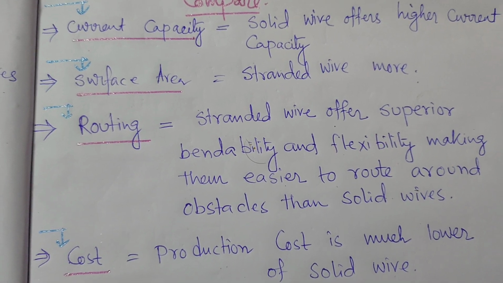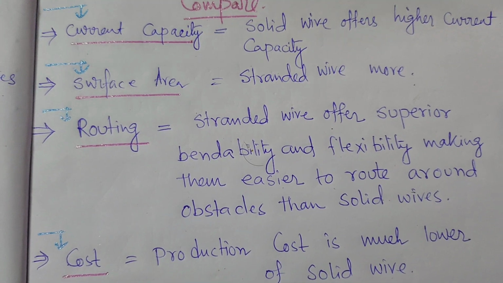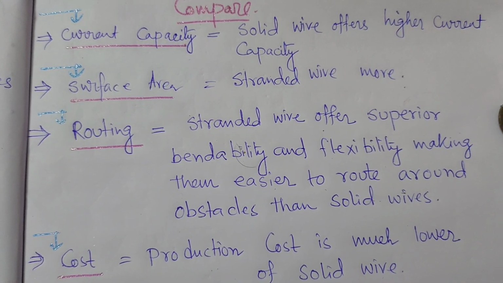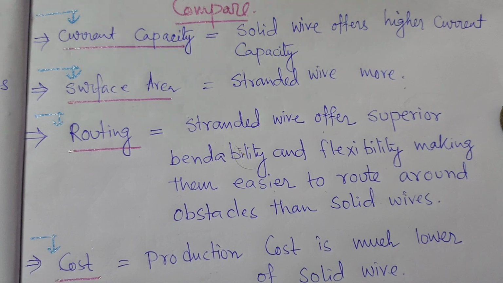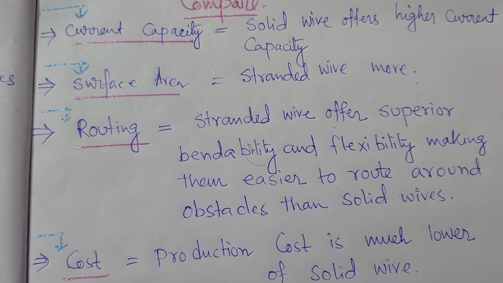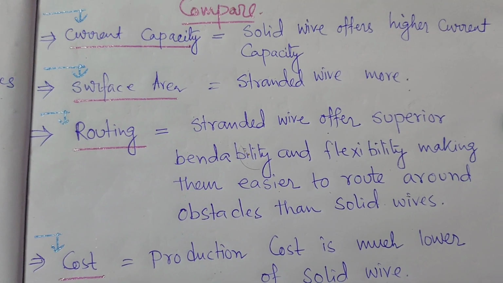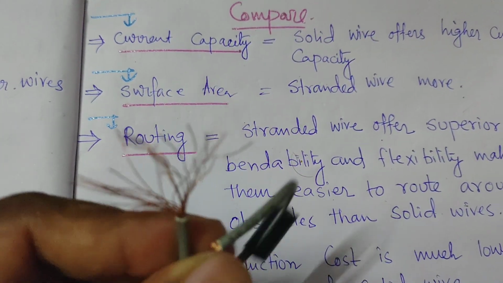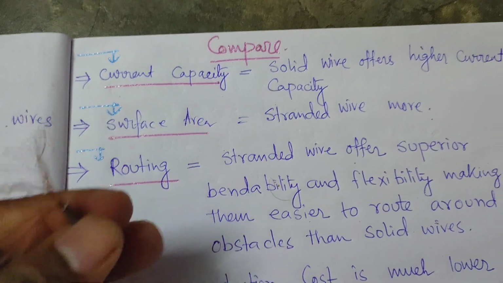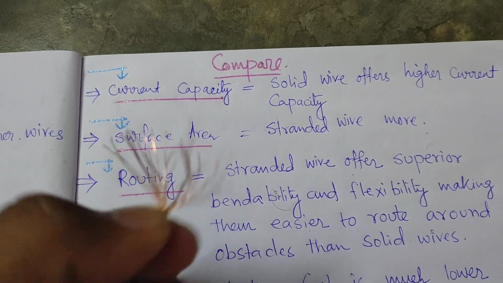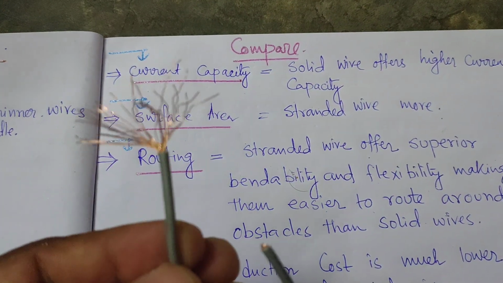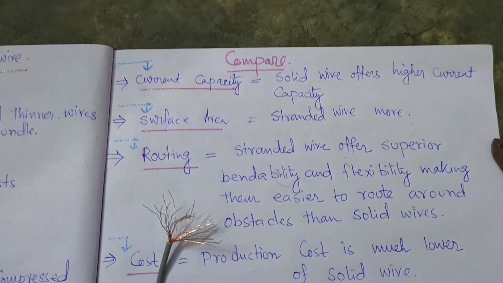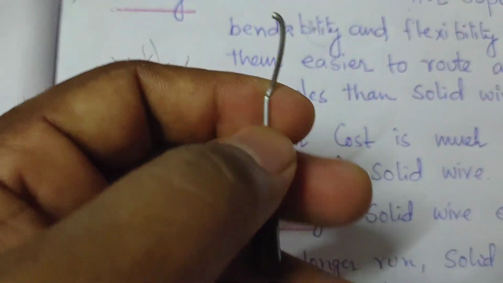Routing: the stranded wire offers superior bendability and flexibility, making it easier to route around obstacles than solid wire. So the stranded wire you can bend here and there, you can easily bend it, twist it. It is easy for installation. Its bendability and flexibility is more than the solid conductor, because this is the solid conductor.